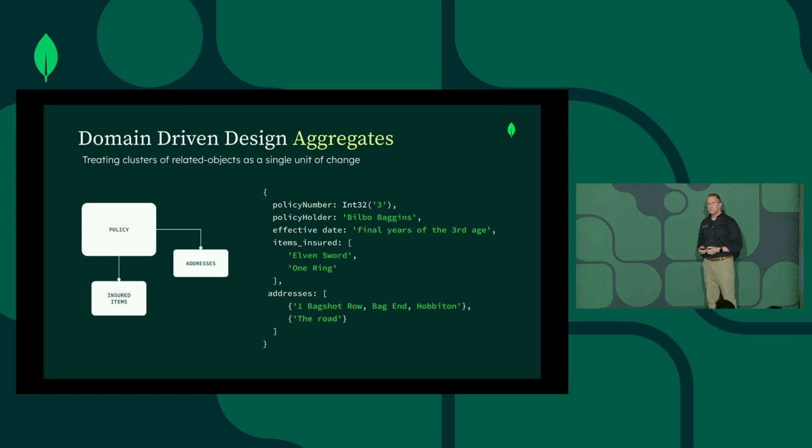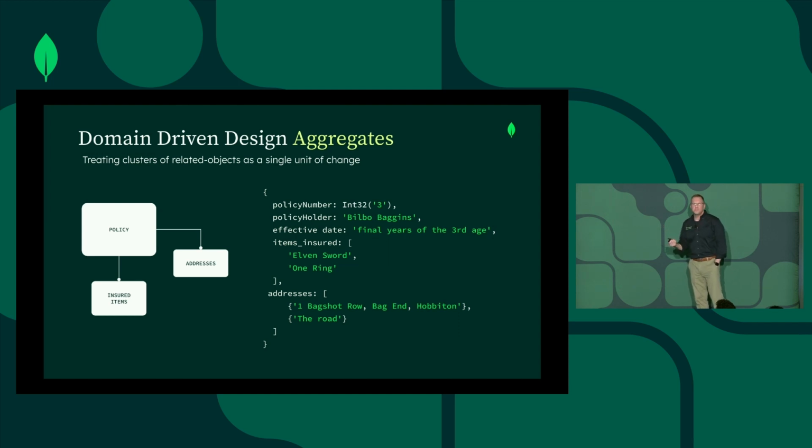Okay, well, domain-driven design says, again, just like the bounded context, we draw a boundary around it to try to manage the complex into more manageable pieces. Aggregates in domain-driven design do the same thing for your data. We treat like data as a cluster of related things, as a single unit of change, as a single object. And you can see here, so I've got this insurance policy. That policy might have a few addresses, a couple of insured items.